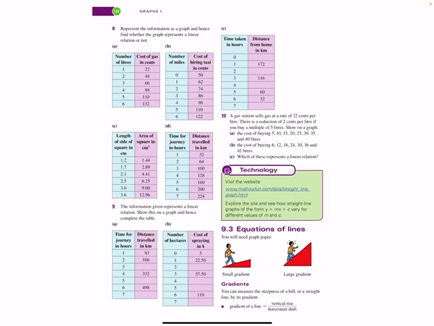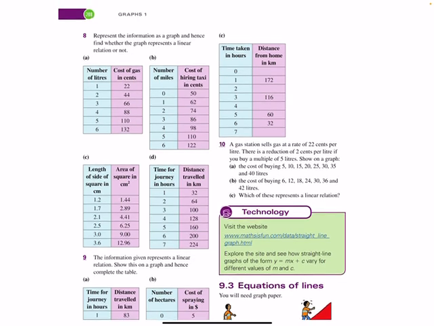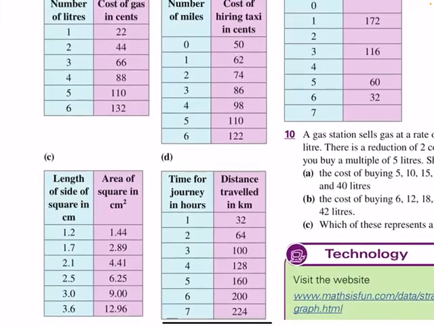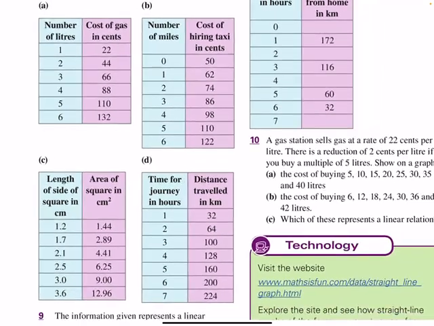On page 208, you have 4 different tables. You have exactly 2 minutes to let me know which one is a linear equation. You have 4, A, B, C, D. Page 208. You can look at them and say this is a linear equation and that's not.